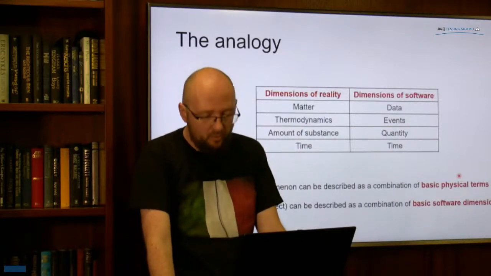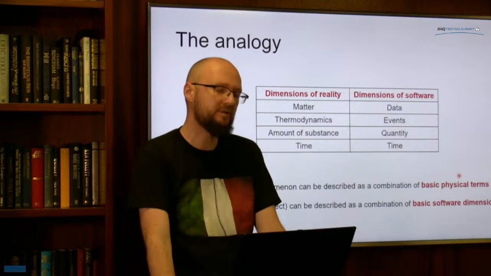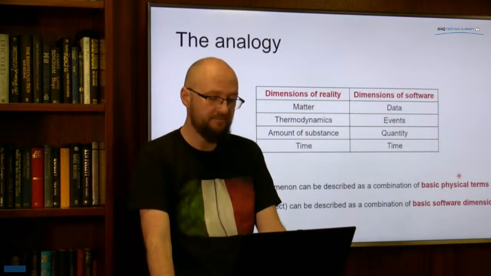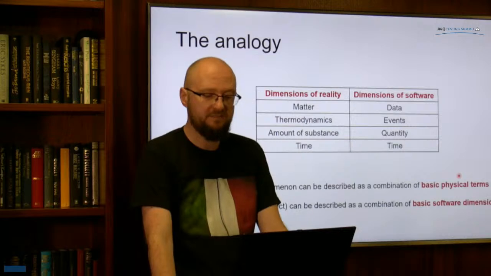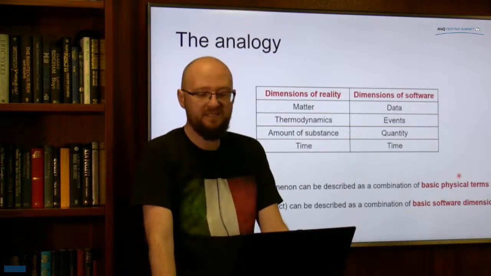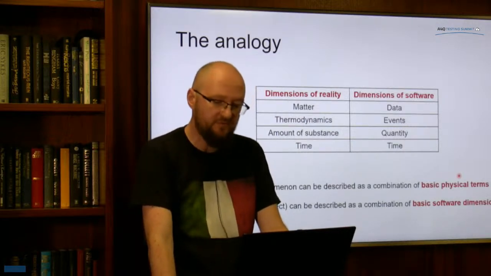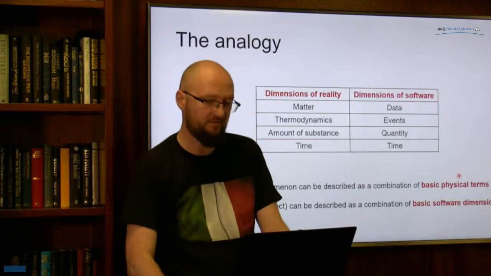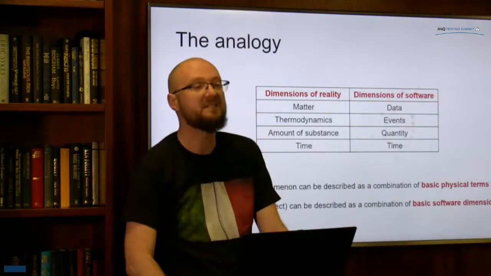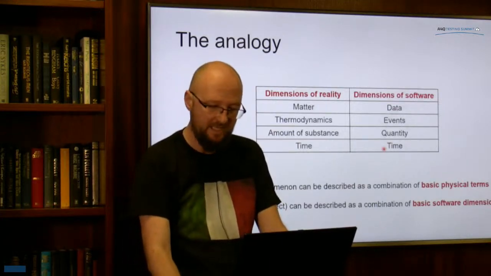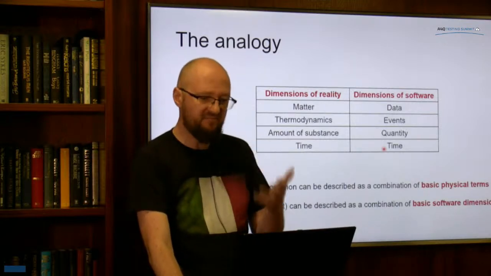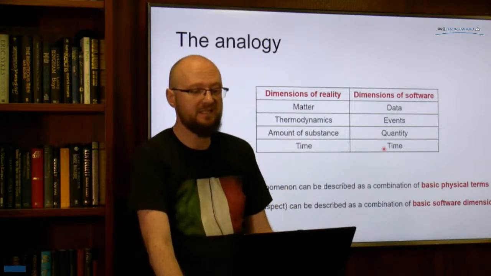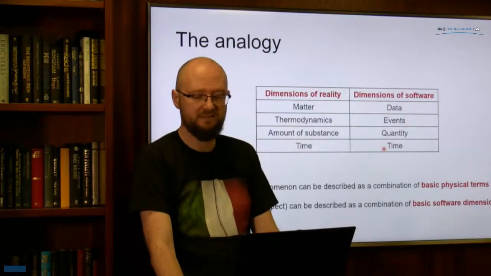So we can describe any software using these concepts. Exactly as every physical phenomenon can be described as a combination of these basic physical terms, we can do the same with software as a combination of these basic software dimensions. So that's the inspiration from physics to provide four simple characteristics that can describe our software under test.